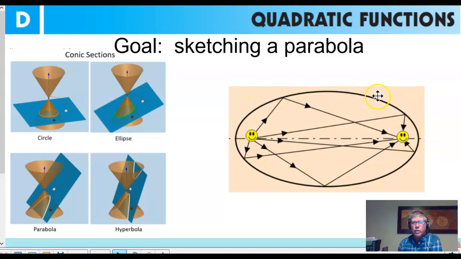A real quick cool thing about an ellipse is there's a room in the Capitol building where, if you stand here and say, hey, how are you? All of the voices, all that energy goes away from you at all angles, but no matter what angle it goes, they all come back and meet right at this spot. These are called the foci of the ellipse. So you could be 80 feet away, and if you said good morning in a nice regular voice, 80 feet later you would hear it.